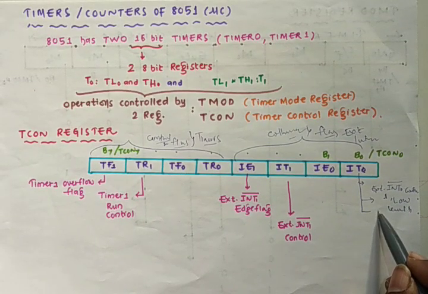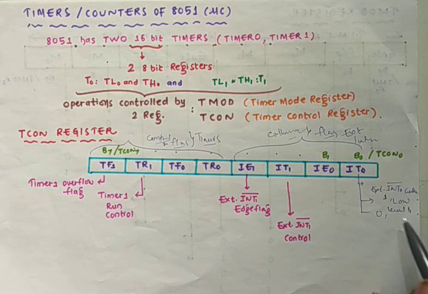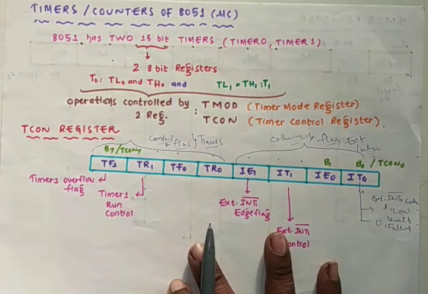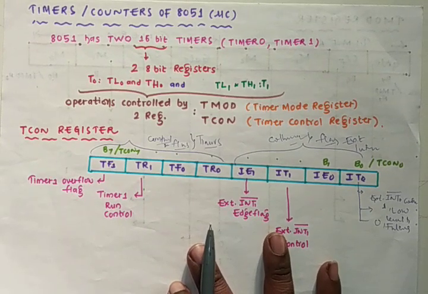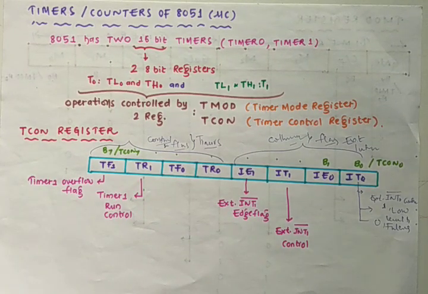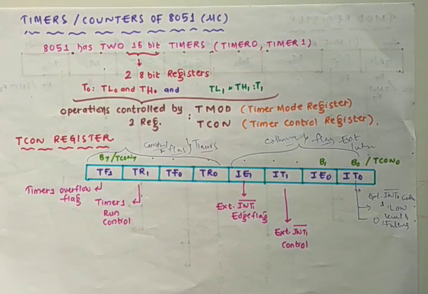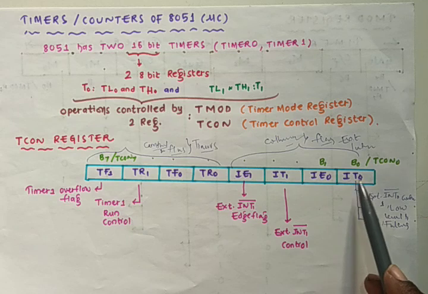Whenever it is 0, that is falling edge triggered. We know that in the latches and the flip-flops we have discussed edge triggered and level triggered, so that based on those triggers we can have these bits coming here. This is an external interrupt.